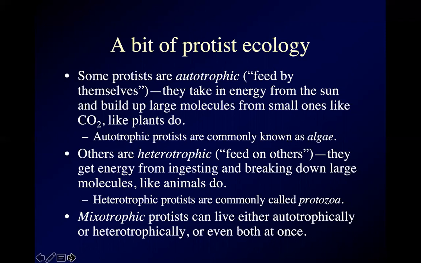We call this being autotrophic. Trophic has to do with feeding. It's the Greek root meaning to feed. Auto means yourself. So autotrophic means feed yourself, i.e. you make your own food.